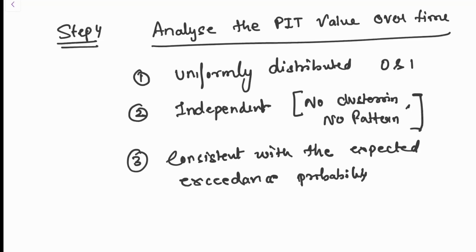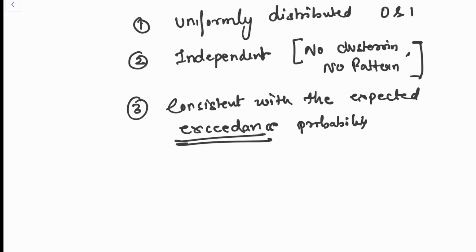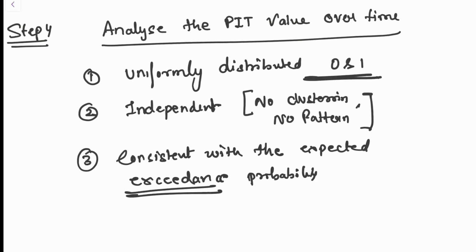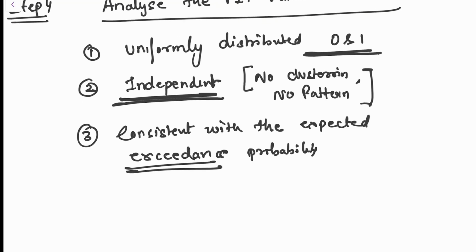Means how many times you are actually exceeding the threshold, that is also required. Clear? You are calculating the PIT, so it should be uniformly distributed, and it should be independent, and it should follow the rule of exceedance as well. Clear?